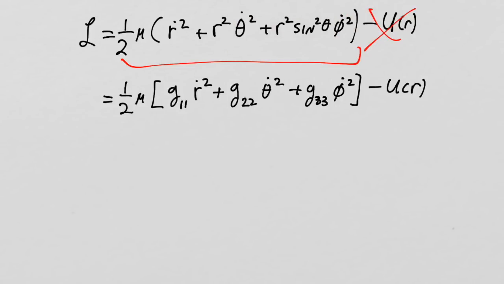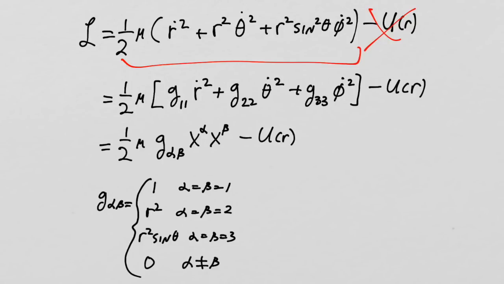We can take these coefficients and give them the names G11, G22, and G33. And I can, of course, compress it in almost the obvious way into this metric term where x alpha and x beta correspond to x1 is r, x2 is theta, and x3 is phi.